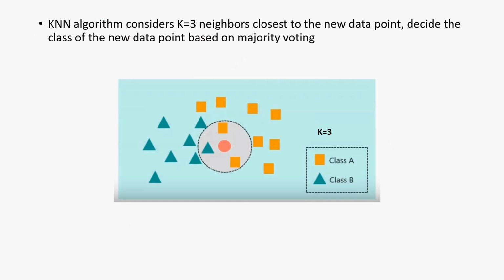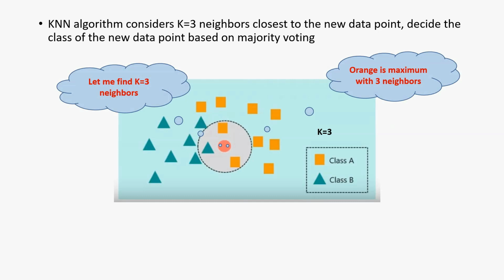While we consider three neighbors, two neighbors are class A and one neighbor belongs to class B. So based on the majority voting, the unlabeled data will be classified to the class of orange, because orange is the maximum among the three neighbors. So now the unlabeled data is grouped into class A.